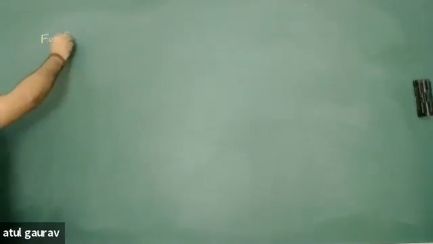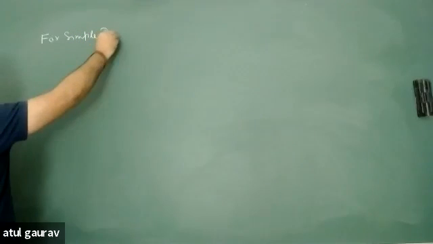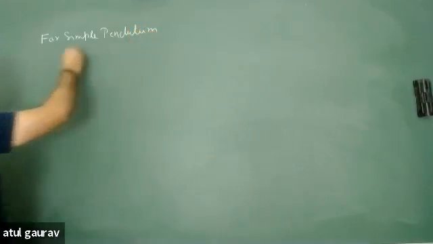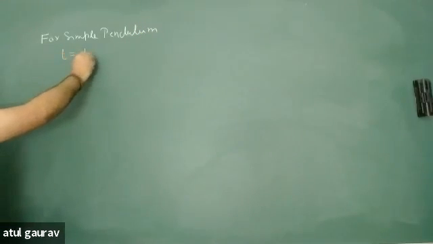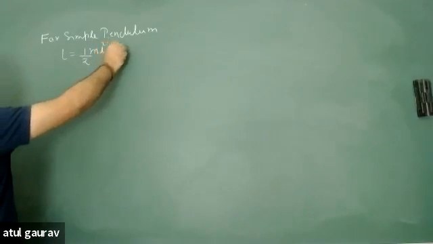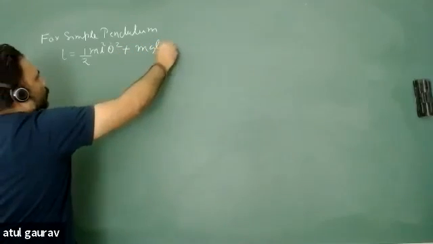So let's go for the simple pendulum. For the simple pendulum, I know my Lagrangian. Let's say the Lagrangian is half m L square theta dot square plus mgl cos theta.